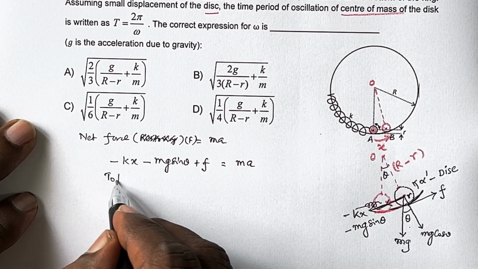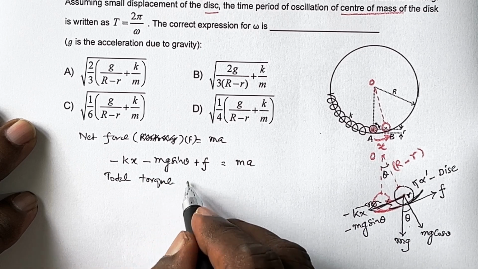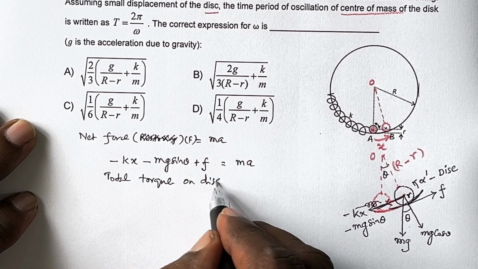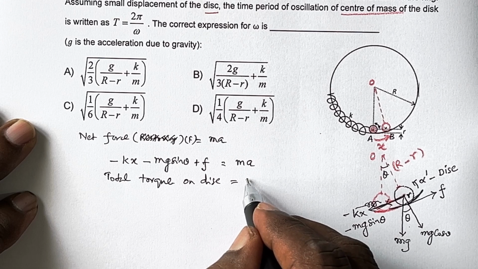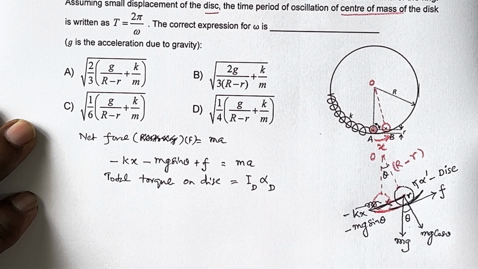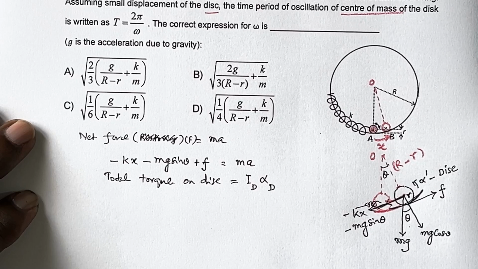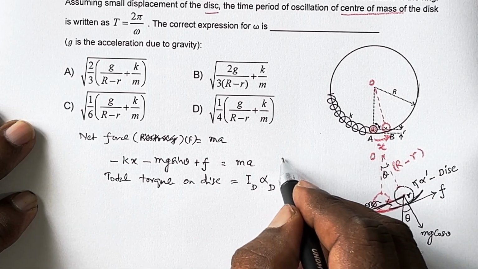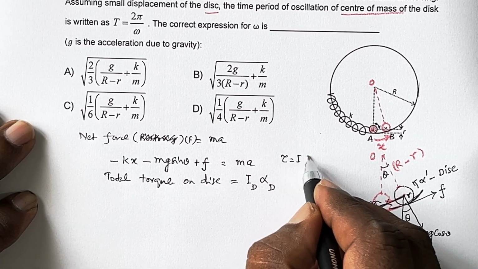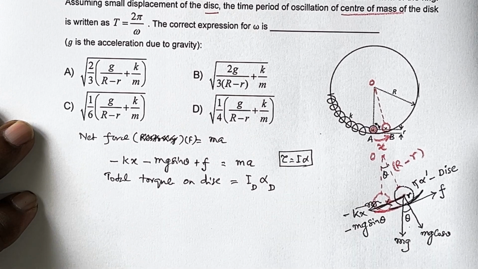So the total torque on the disc is equal to the moment of inertia of the disc times alpha of the disc, the formula tau equals I alpha, which is force into perpendicular distance.